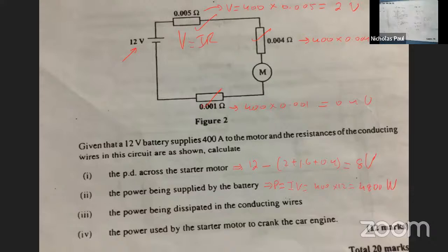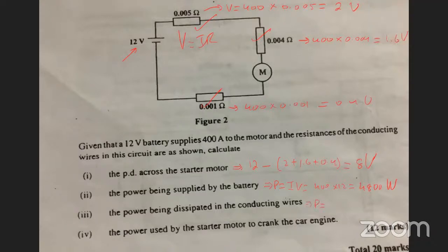Let me pick somebody online here. Kiran, what's the formula we're going to use for power lost by the conducting wires? Dissipated means lost, right? Not too sure.